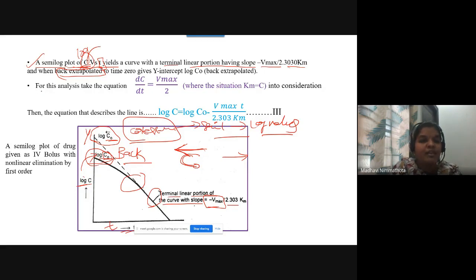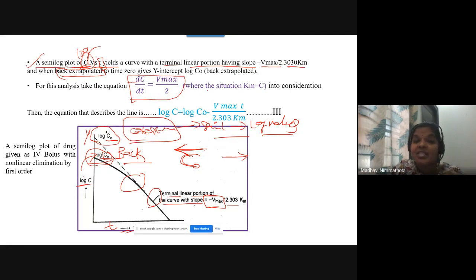Then for this analysis, you have to analyze the slope and the C naught back extrapolated concentration. You can utilize the equation minus dC by dt is equal to Vmax by 2. Where did we observe this equation?